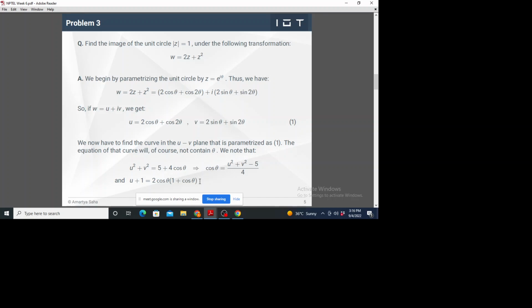So these were the two observations that we made from one. Now, as you have guessed by now, we shall simply substitute cos theta in terms of u and v in this equation.